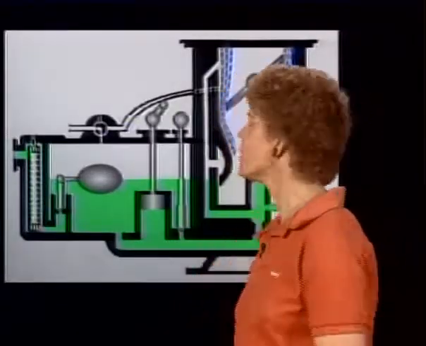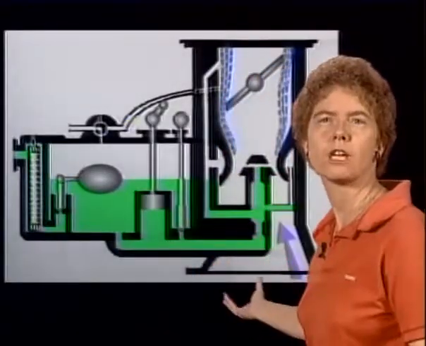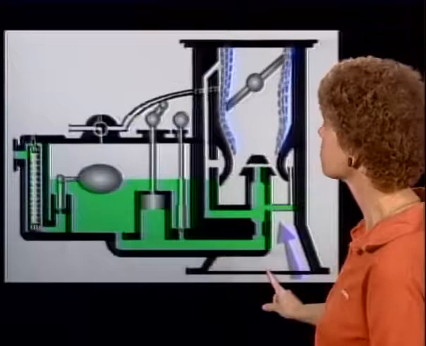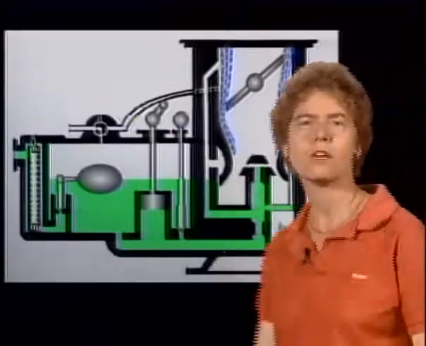Okay, so let's take a look at our carburetor again. If the volume of air that's going through the carburetor is reduced, less air velocity, what's going to happen to the pressure at the throat? When the velocity decreases, does the pressure increase or decrease? It increases because the pressure moves the opposite direction to what the velocity is doing.